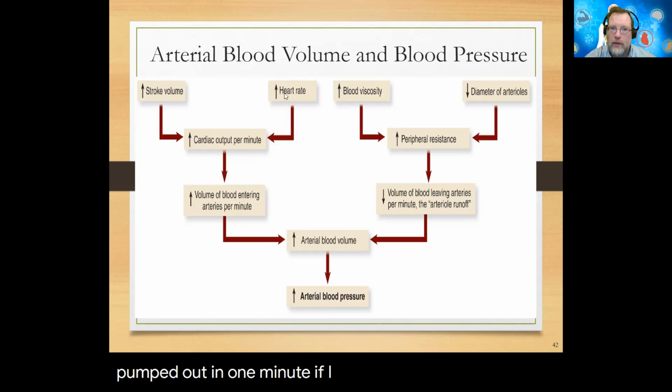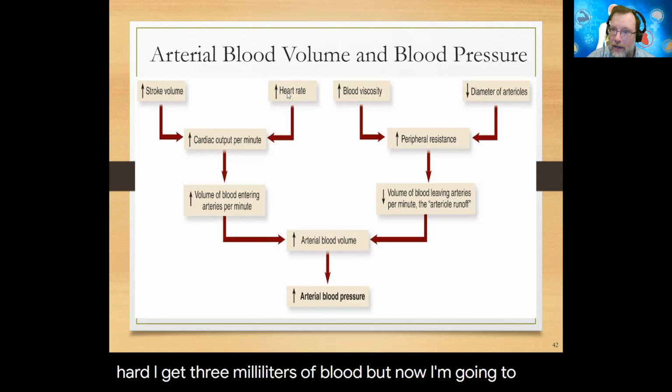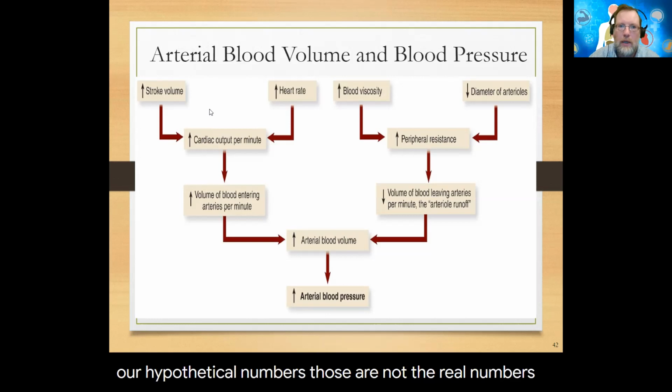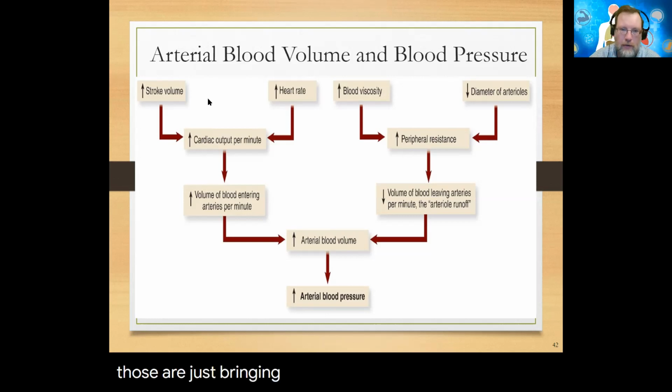If I increase either one of these, so this stays 3 and this goes to 5, every time I beat the heart I get 3 milliliters of blood, but now I'm going to beat it 5 times. That means cardiac output is now 3 times 5, or 15 milliliters per minute. Again, those are hypothetical numbers, not the real numbers. Those are just bringing it down to tiny math.